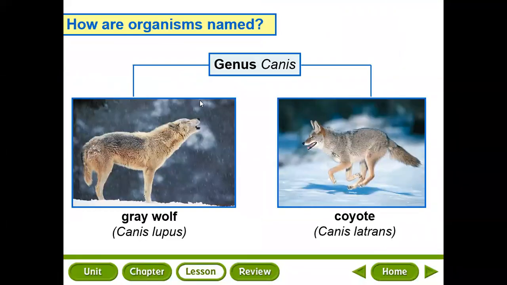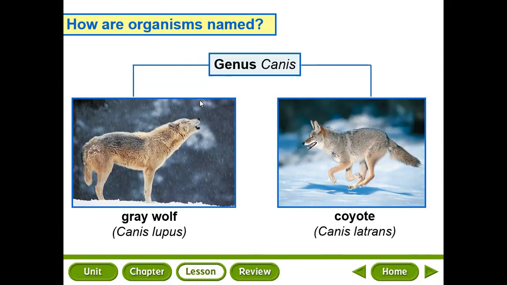Today we will discuss how organisms are named. We will discuss this point. What does the first part of the scientific name refer to? We can answer this point: it's genus. I will repeat.